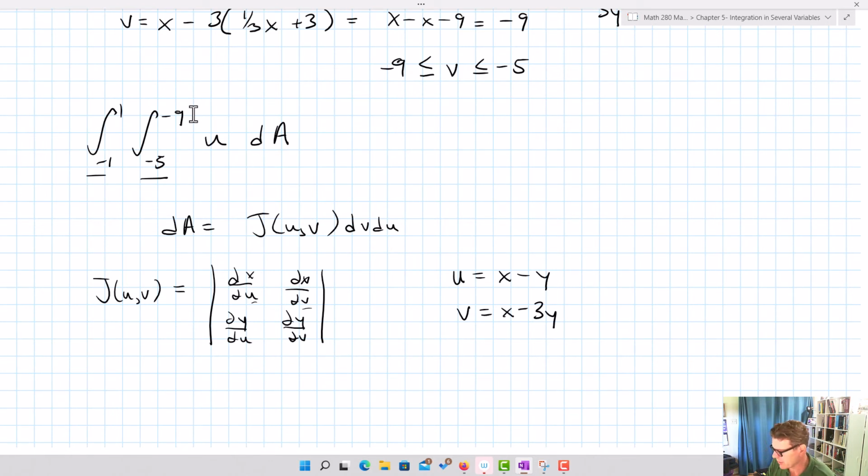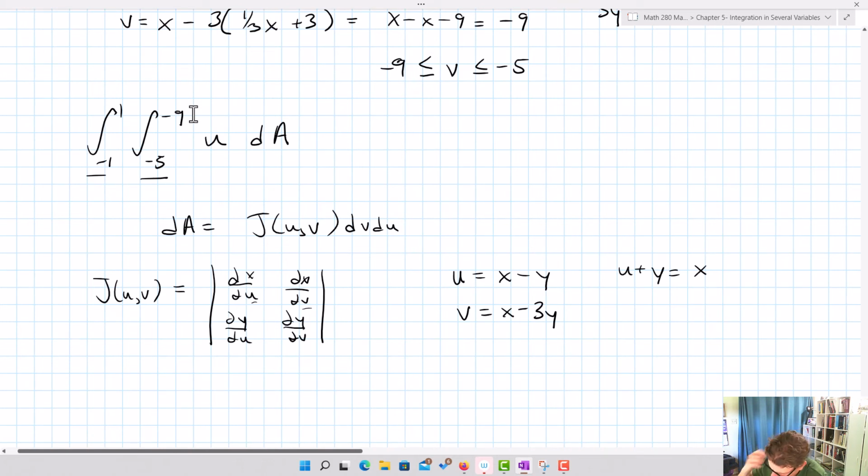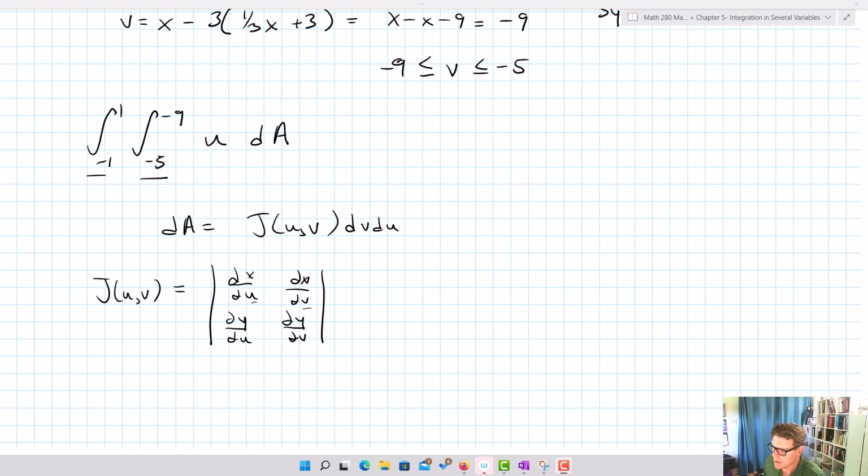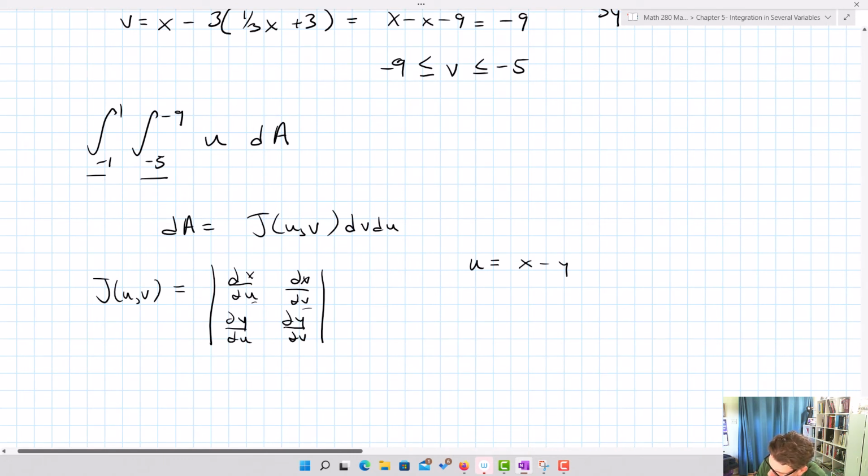So we need to transform those into functions of x and y. Remember that u equals x minus y, and v equals x minus 3y.